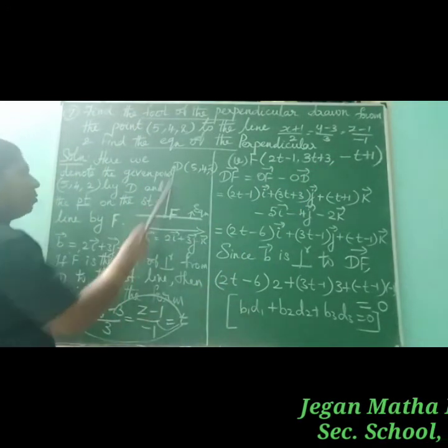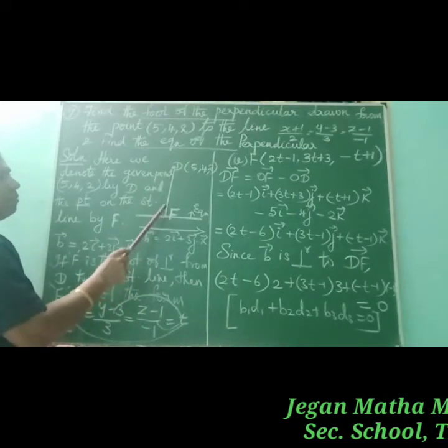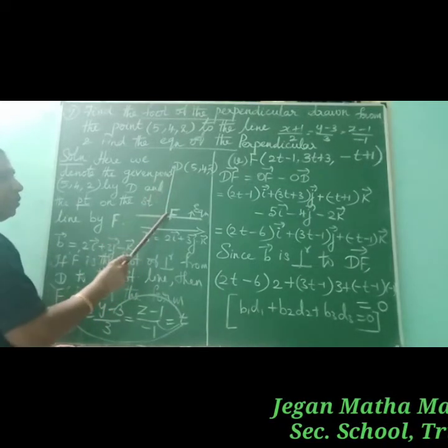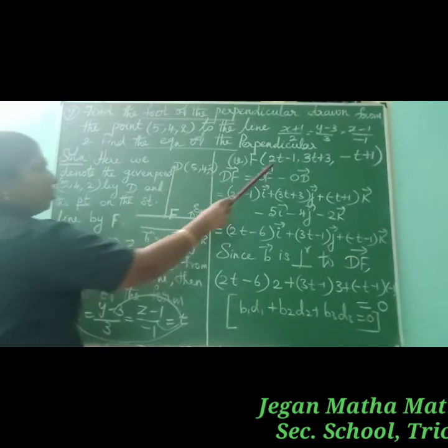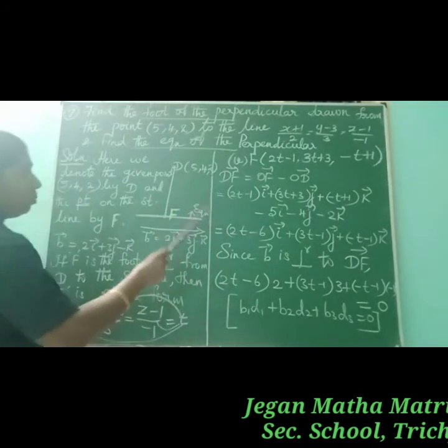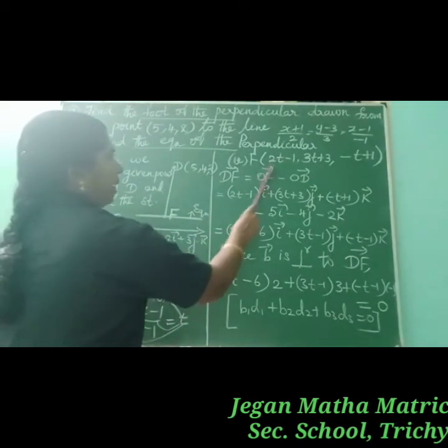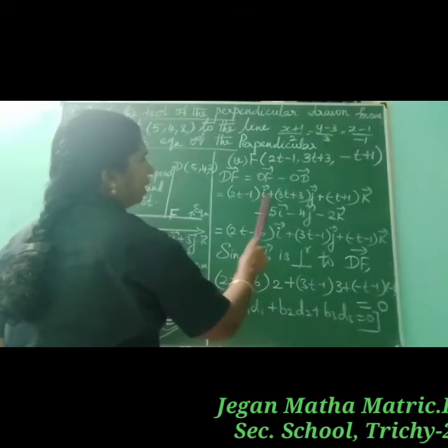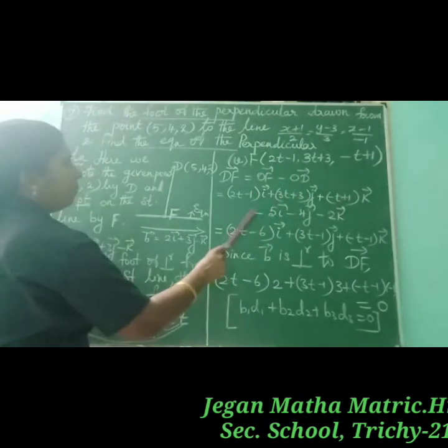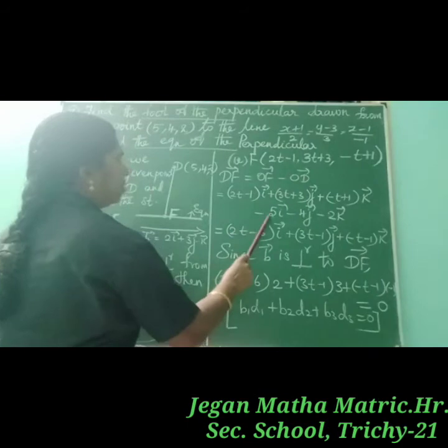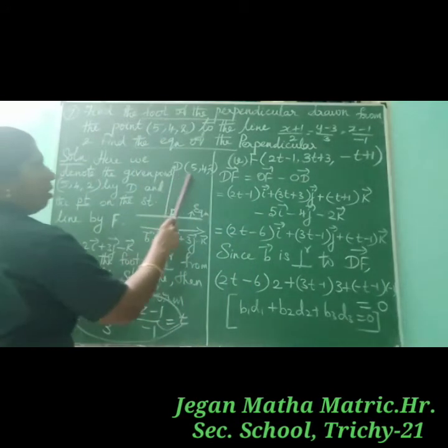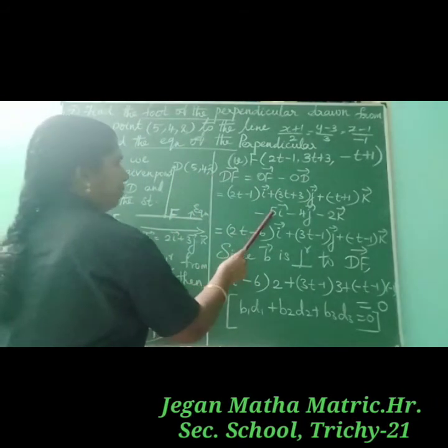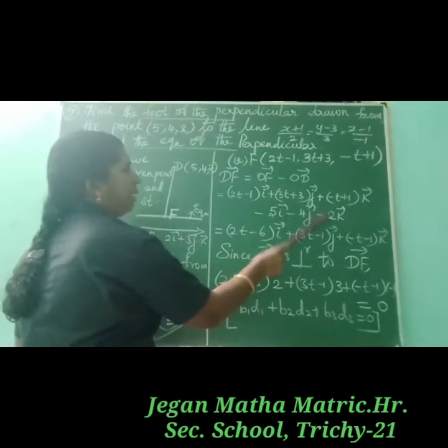Now to find the vector form of DF, DF = OF - OD. Substituting these two points, vector OF minus OD, so we have to change all the signs: -5i - 4j - 2k.